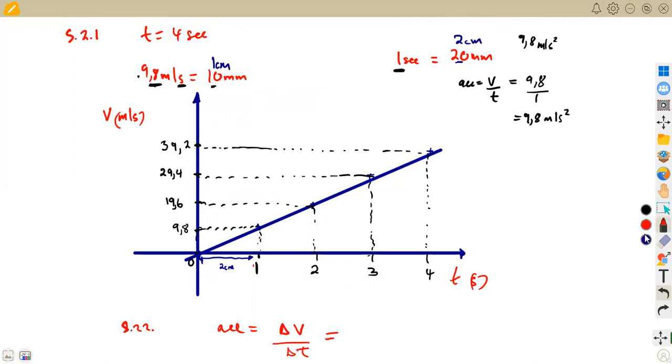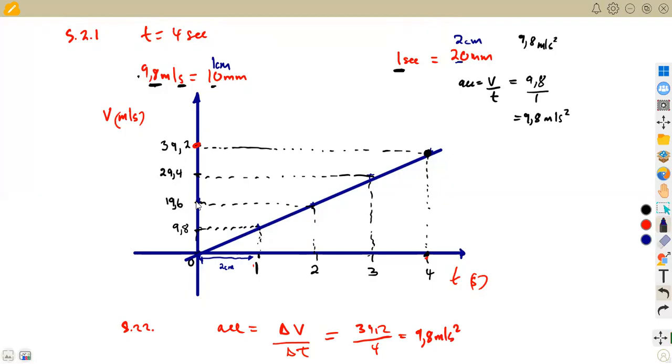So you can take any corresponding point. This is 39.2 velocity versus time of 4. So the change in velocity is 39.2 over the time, which is 4 seconds. If you divide, you are going to obtain 9.8 meters per second squared.